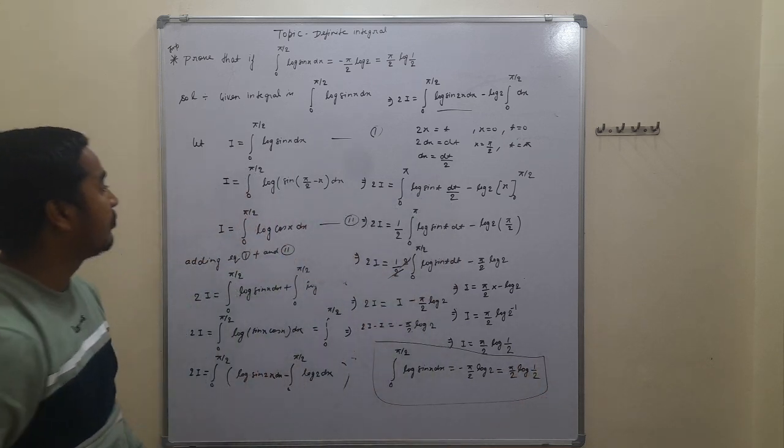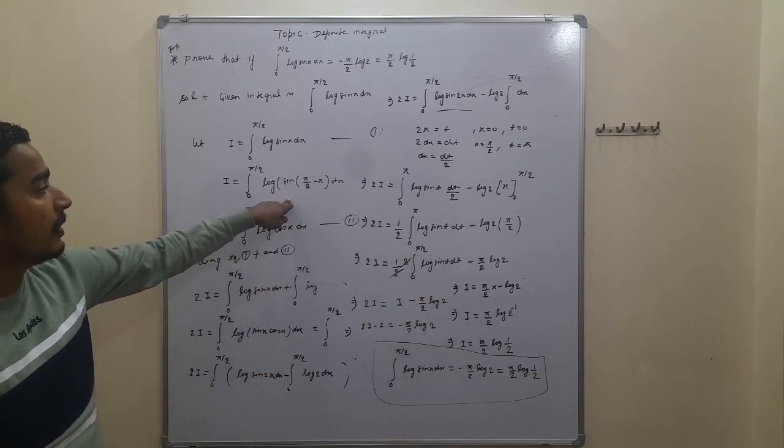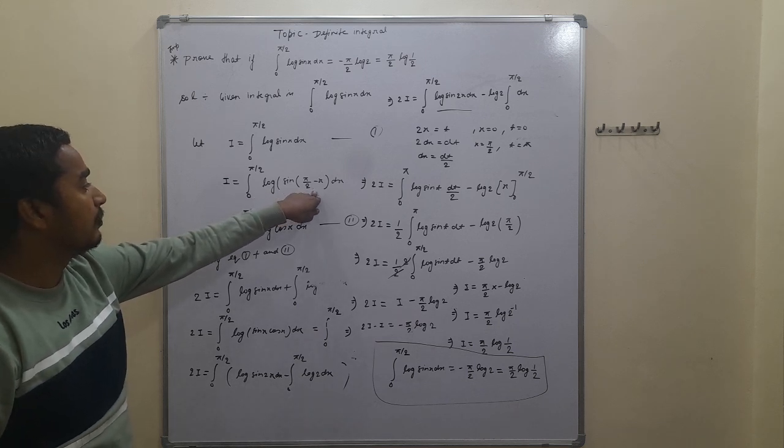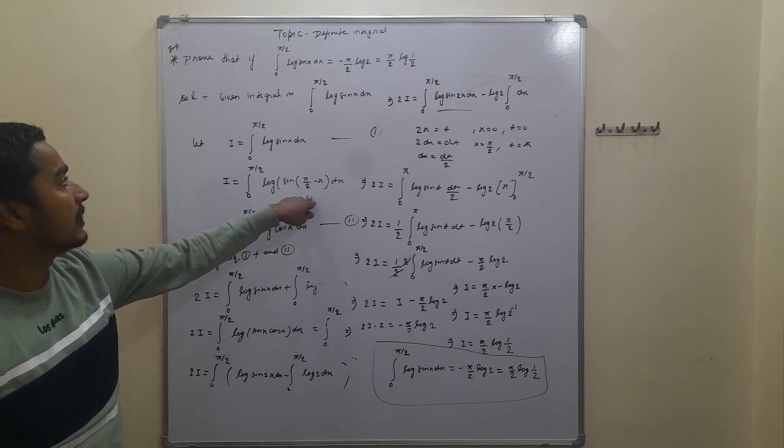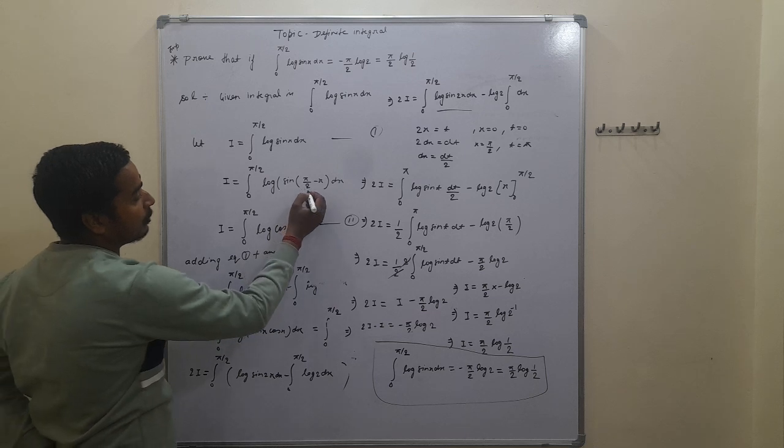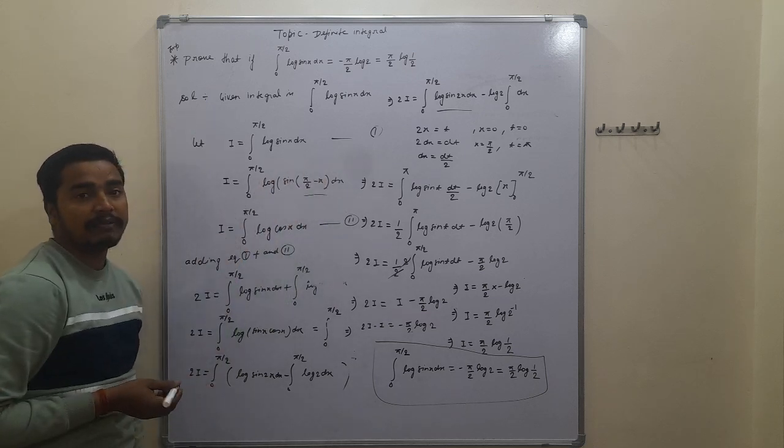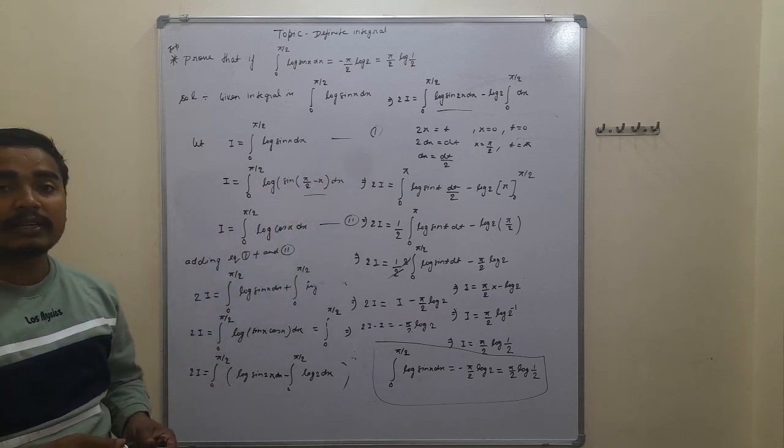In this problem we have to use property 4, replacing x with pi by 2 minus x. We can also find pi by 2 minus x using the graph. And thank you class, and thank you for watching.